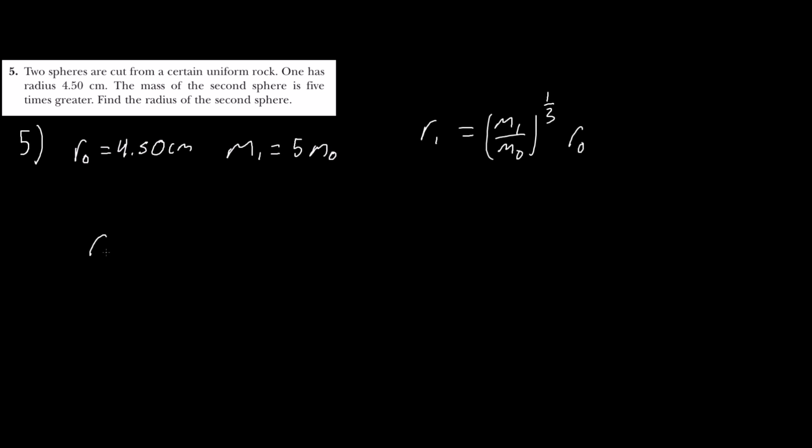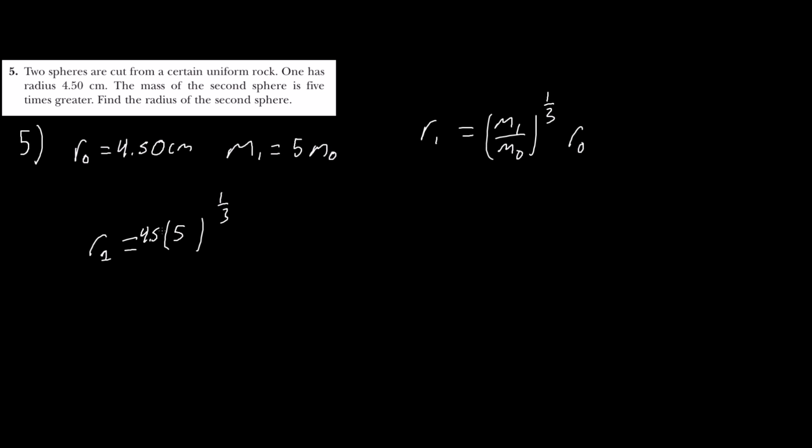Once you clean that up, folks, all you're basically saying is the radius of that sphere, my brain's getting me a little mixed up, is going to be M1, which is 5 times M naught. Once you chug it in there, this M naught is going to cancel off. So you'd be left with 5 to the 1/3 root times the radius of the first sphere.